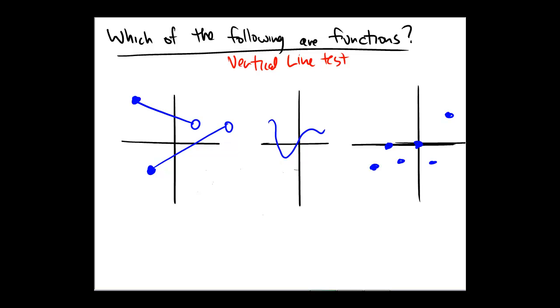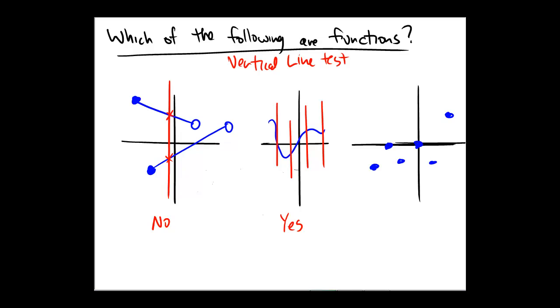So looking at our first picture, notice that this vertical line drawn in right here hits the graph in two distinct places. So this one is not a function. On the second example, if we were to draw in a bunch of vertical lines, you might notice that every vertical line only seems to hit this graph once. So this one is a function.